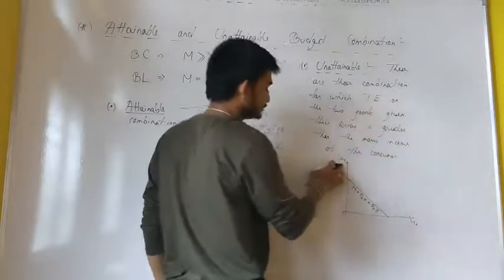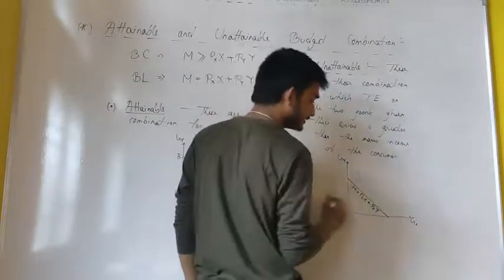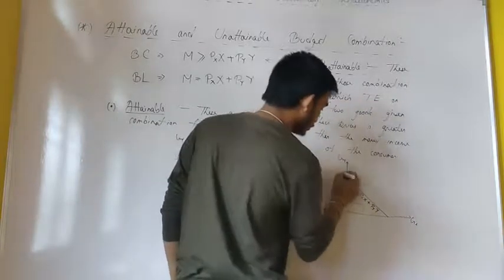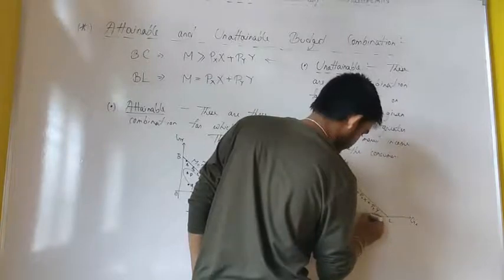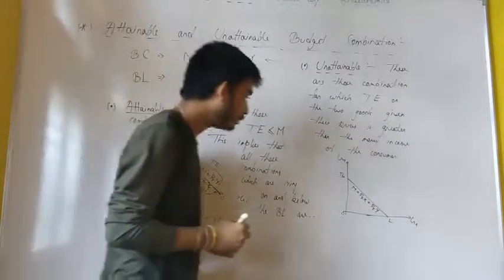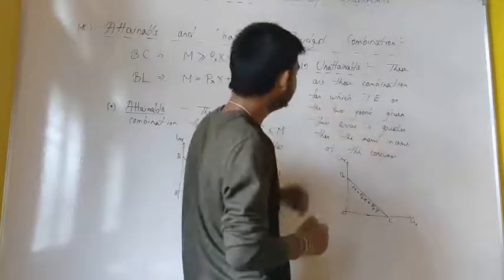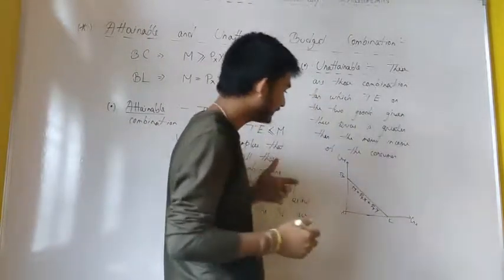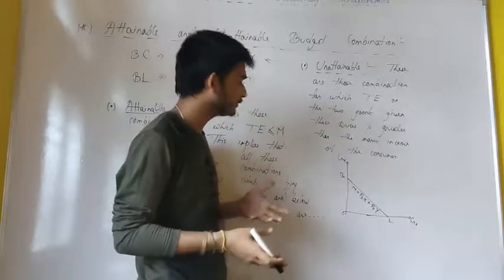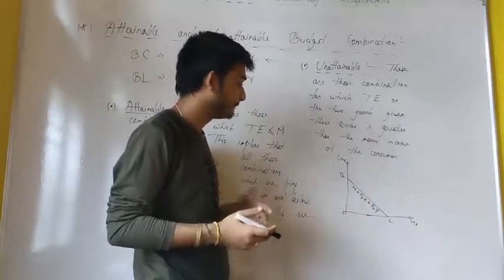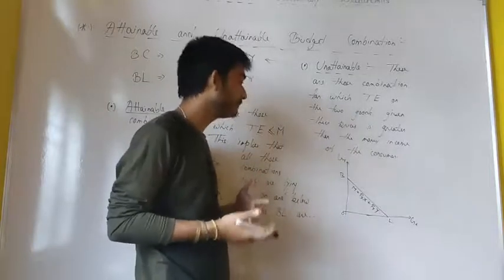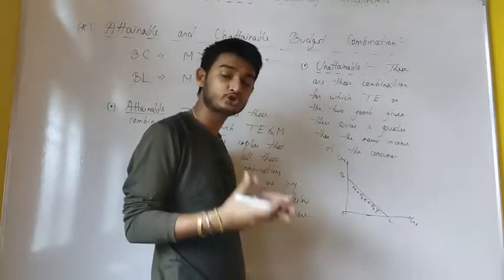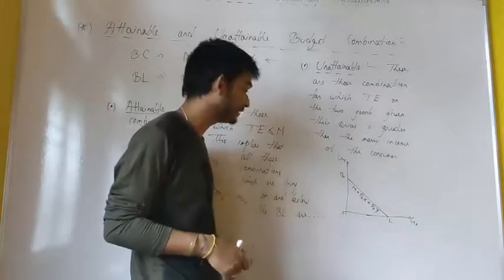In the vertical axis we are measuring good Y, and in the horizontal axis we are measuring good X. Now the unattainable combinations are those set of combinations for which money income is not at all supportive. That means money income is falling short of the total expenditure.